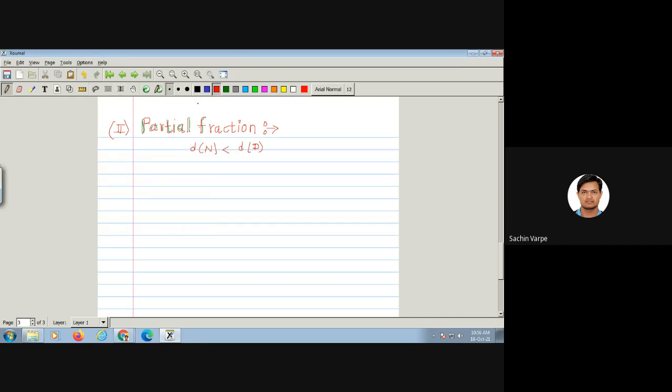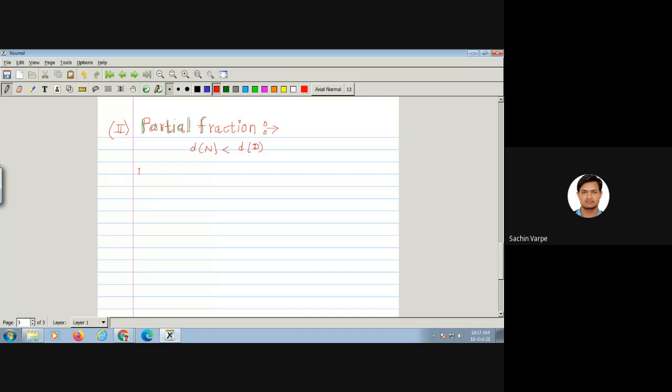So here, if we are specifically asked to find the inverse Z transform using the partial fraction, then we need to apply the partial fraction to F(z) upon z.